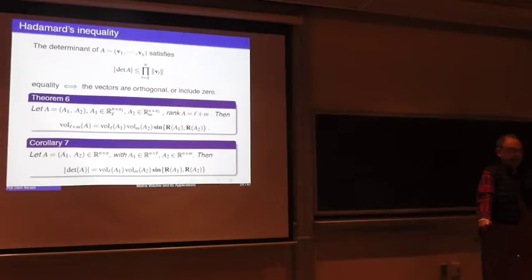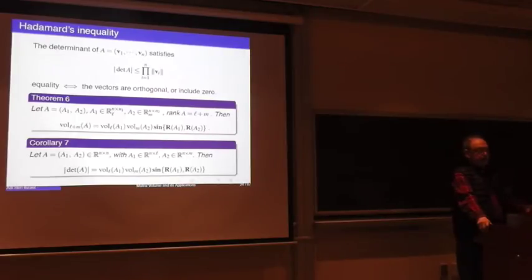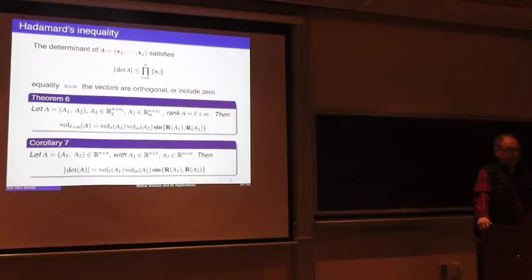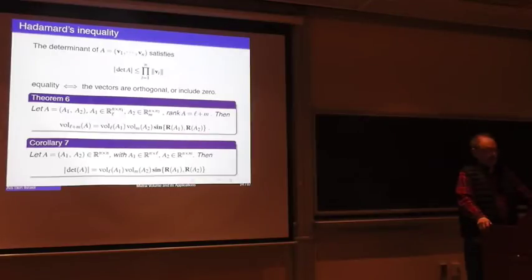The Hadamard inequality is that if you have an n by n matrix, the determinant is less than or equal to the product of the Euclidean norms of the columns, with equality if they are orthogonal or include 0.